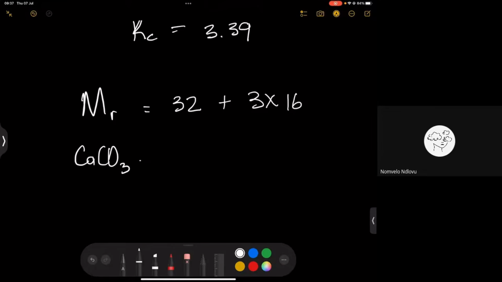Sometimes you can have calcium carbonate and then water written after it, something like this. We call these waters of crystallization. So it means this would be calcium carbonate that's in crystal form.